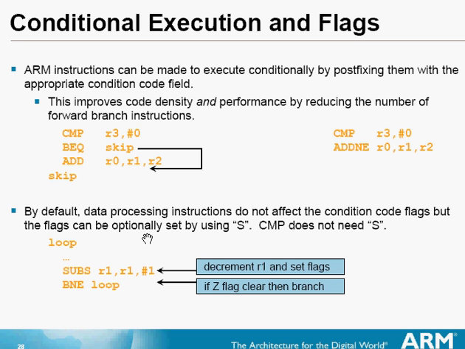By default, data processing instructions do not affect the condition code flags, but the flags can optionally be set by using S. CMP does not need S. Okay, that's the advantage. You can see this conditional execution code.